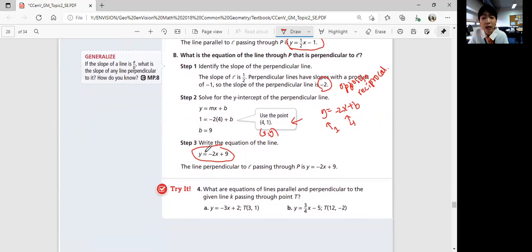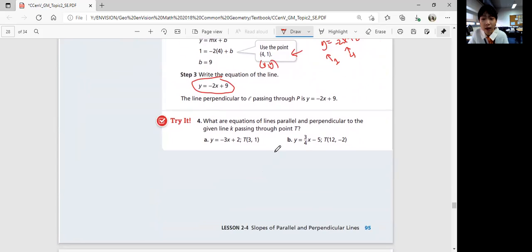Okay, let's try number 4. What are the equations of lines parallel or perpendicular to the given line K passing through point T? So you need to write both parallel and perpendicular lines for both A and B that go through point T. First of all, parallel lines should have the same slope.